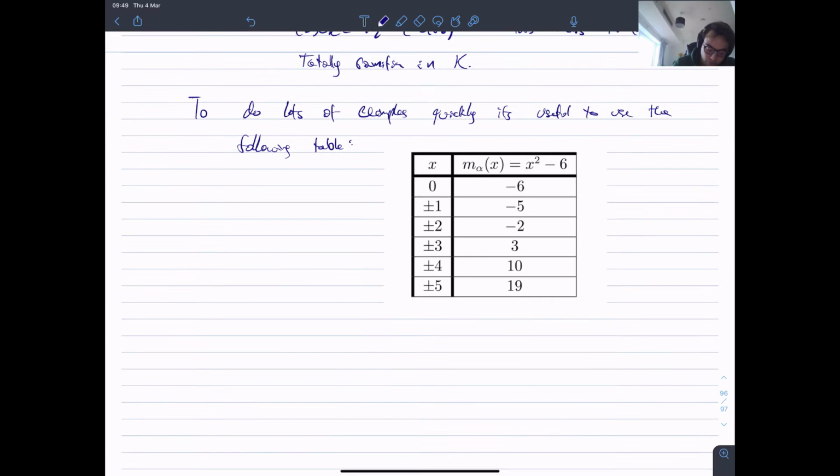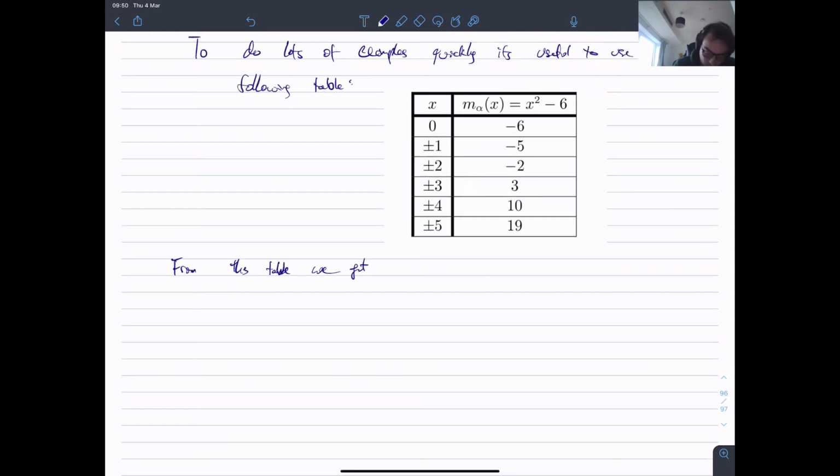So from this table, if you look through it, you get that m alpha of x is congruent to x squared mod 3. This is obvious, right? You plug in 0 and you get minus 6, so that's 0 mod 3.